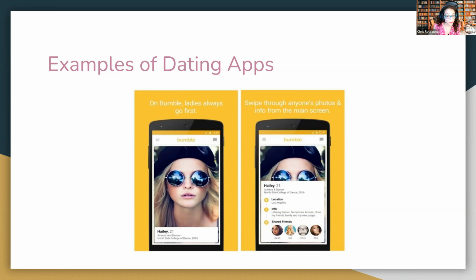The difference with Bumble is that women in hetero connecting relationships have to message first before a man can message them. In same sex connections, both have the power to message first, but this is the app where if you are a woman, you are in control of who you want to connect with. You won't be bombarded with messages from anyone.